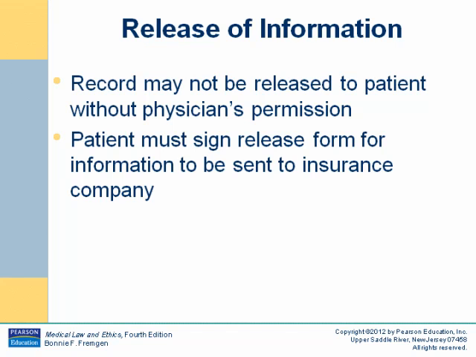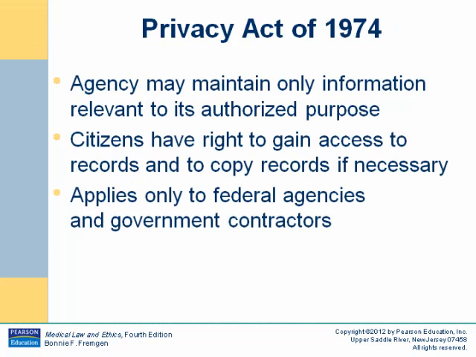The record can't be released normally to the patient without the physician's permission, because they may want to have that doctrine in place. The patient must sign a release form for information to be sent to an insurance company. Everything has to be kept pretty darn private.